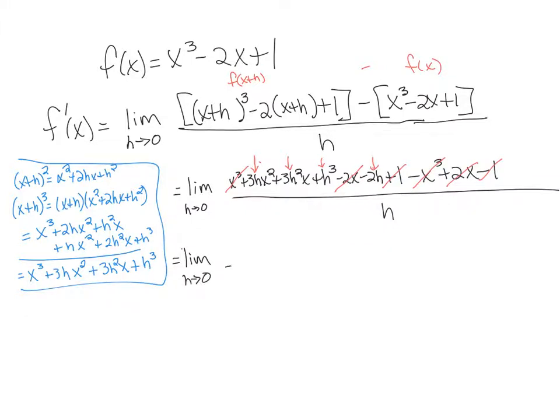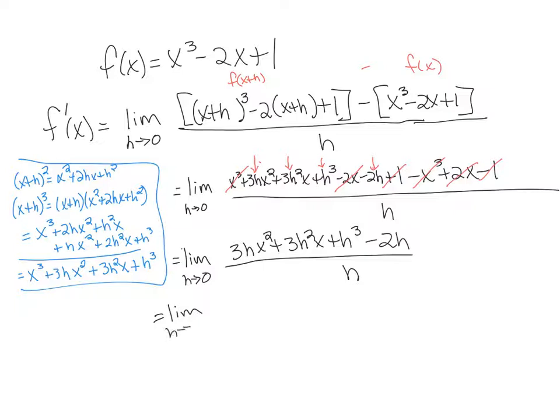I can't plug in the 0 to take the limit until the guy on the bottom gets canceled though. So I'm left with 3h x squared plus 3h squared x plus h cubed, and then over here I have a minus 2h. Equals the limit as h shrinks down to nothing.